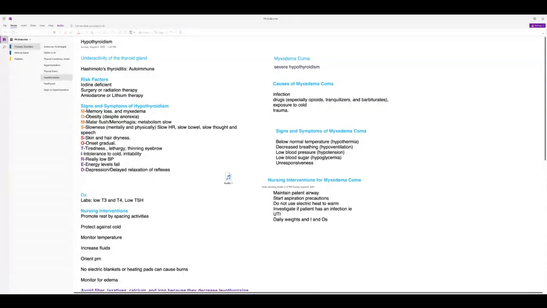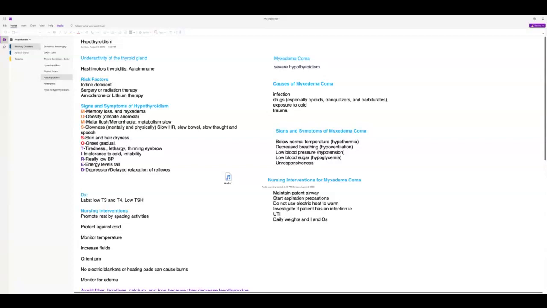Surgery, amiodarone, which is an antidysrhythmic, or lithium therapy. Signs and symptoms, you can remember MOM'S SO TIRED, which is really true. M is for memory loss and myxedema. O is for obesity despite being anorexic: they don't have an appetite, but yet they cannot lose weight and they actually gain weight. M is for malar flush.